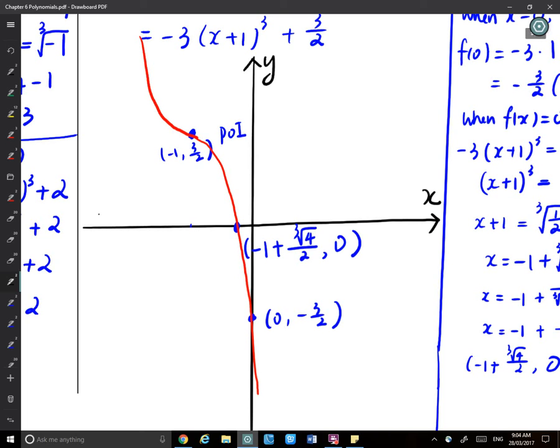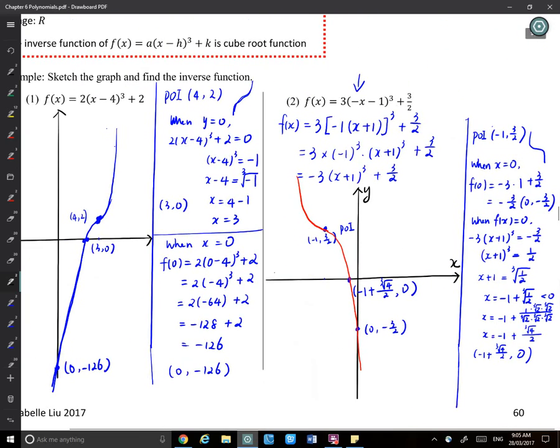Okay, x-intercept form. So for cubic, same. Okay, we have general form. We have point of inflection form, and we'll also have intercept form. Okay, we also have intercept form. In other words, it's factorized form. Okay, intercept form will be the same as factorized form.